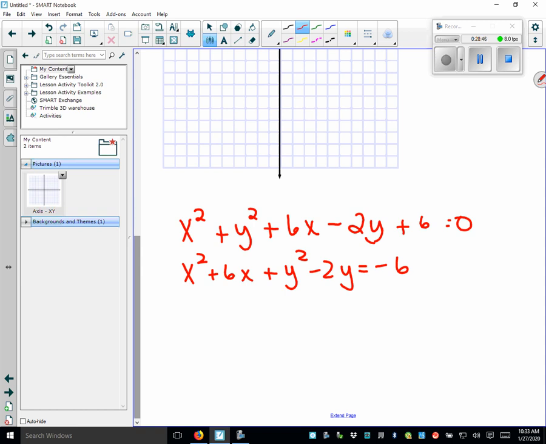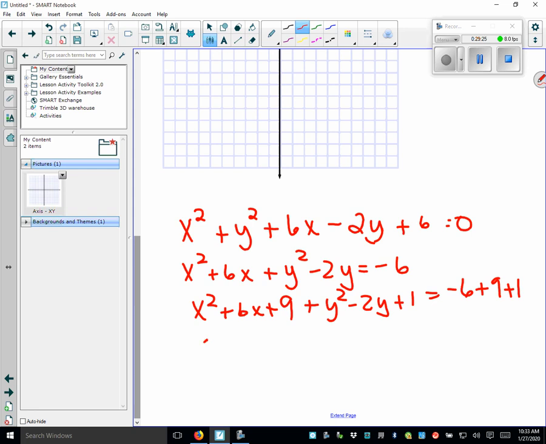All right, now, what am I going to add to the x's to make it a perfect square? 9. So x squared plus 6x plus 9, half of this squared, plus y squared minus 2y plus 1.